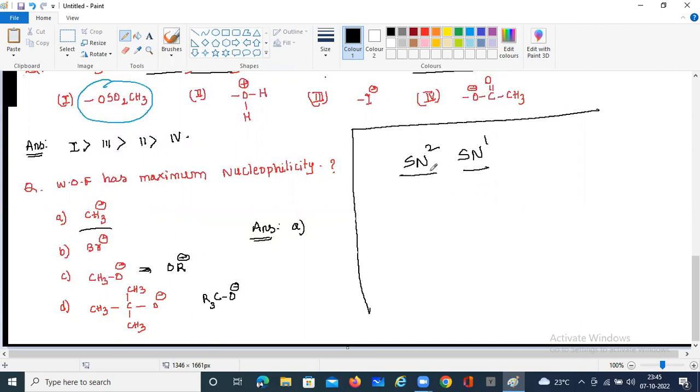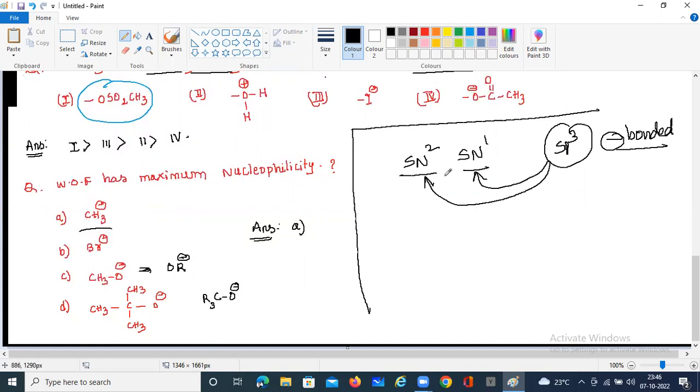But basically which one is highly preferred? The sp3 hybridized substrate, for both SN2 and SN1 reactions. sp3 hybridized means singly bonded. After that we need to learn the differences between SN1 and SN2, and we can discuss a few questions in the next topic.